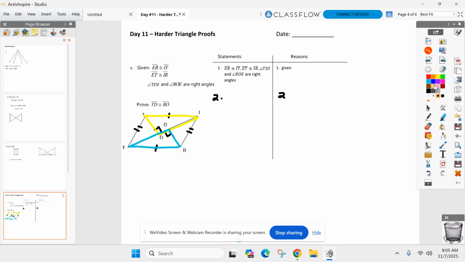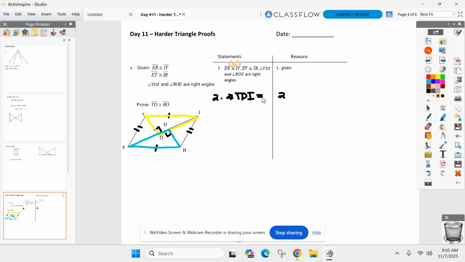I already have a pair of sides in TI and ER. I will have a pair of angles in step 2 once I tell you what. I don't have them right now, but what should I write in step 2, Jaden? So I do have a pair of angles. Perfect.